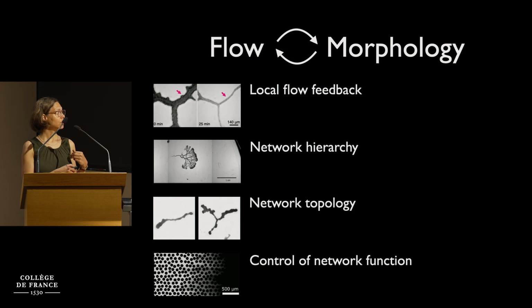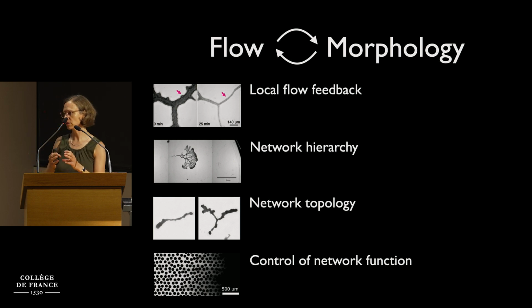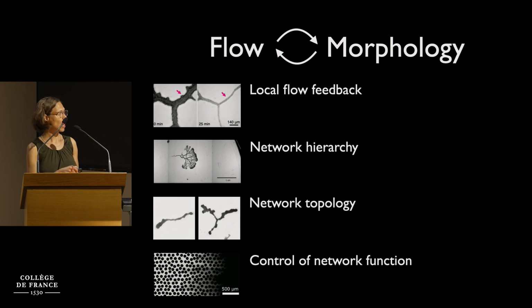I'm interested in the role of network hierarchy, with which I refer to some tubes being bigger and some being smaller, so a difference in the tube radii. I'm interested in the network topology, so what's the role of having loopy versus tree-like networks, and how are these quantities actually taking control of network function.